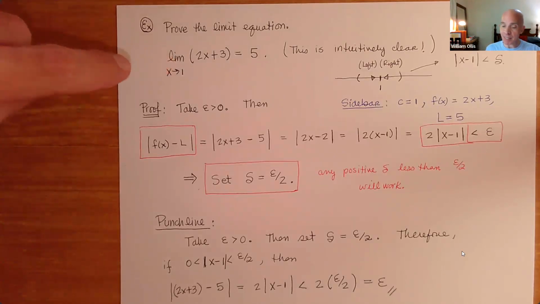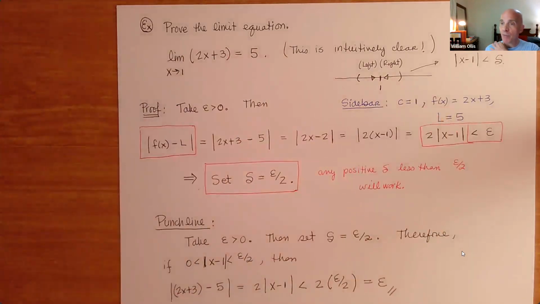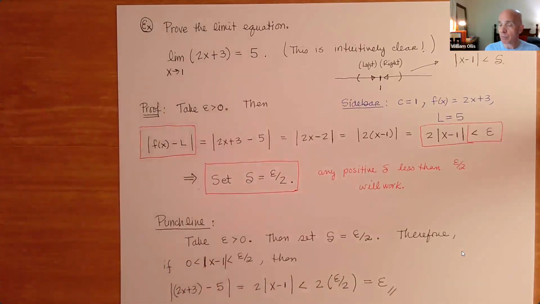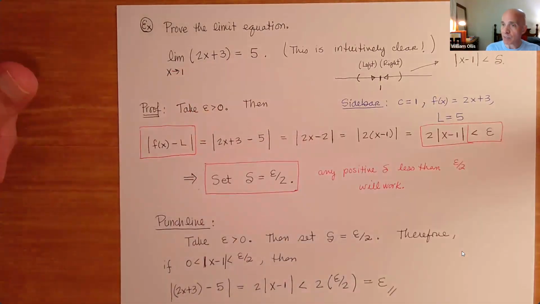I've got to have the C, I've got to have the function, and I've got to have the L. That is the assumption of a limit. If you're proving the limit equation, okay, then the assumption is that the limit equation is true. And so you've got all the pieces to work with. And you use those pieces to work your estimates.